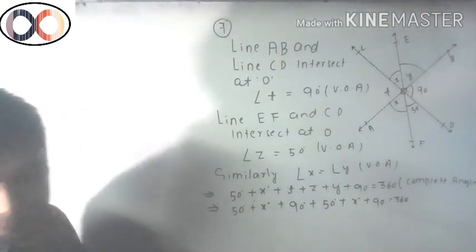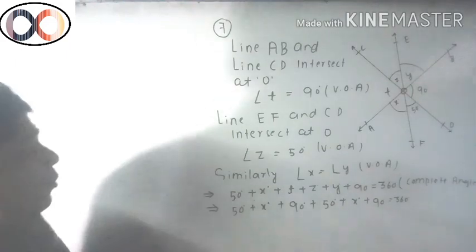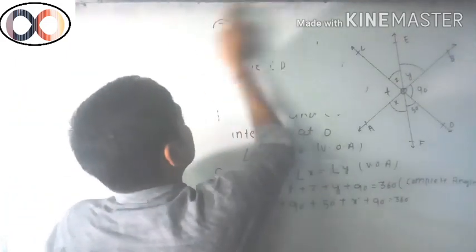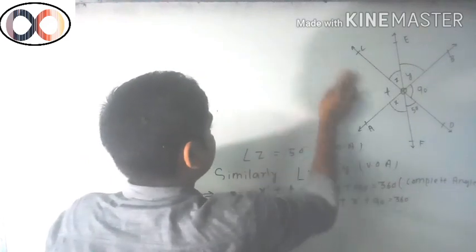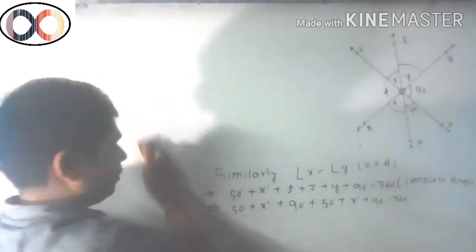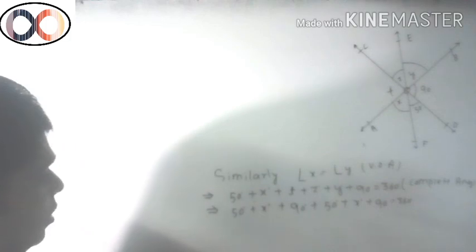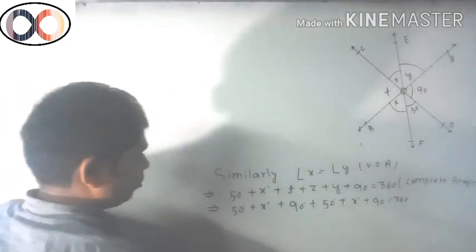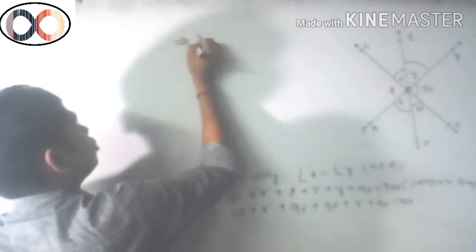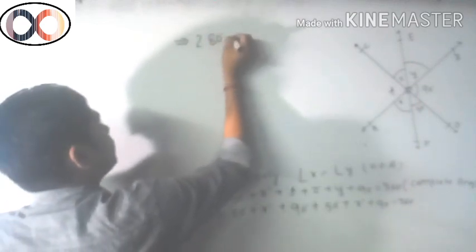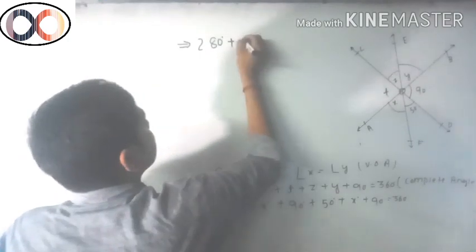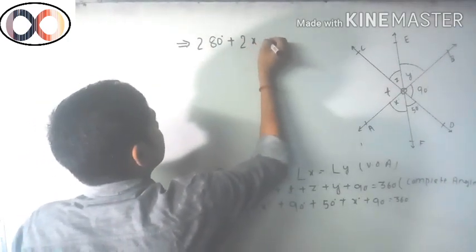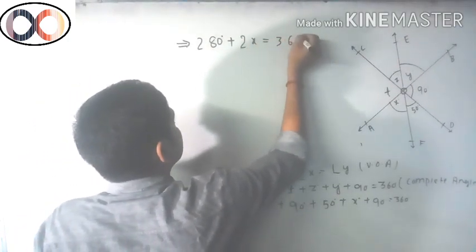Next we can simplify. 50 plus 50 is 100, and 90 plus 90 is 180, so 180 plus 100 equals 280. So we can write 280 degrees plus x plus x, that is 2x, equals 360 degrees.